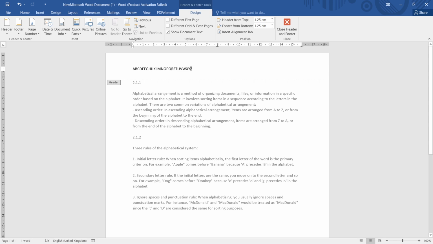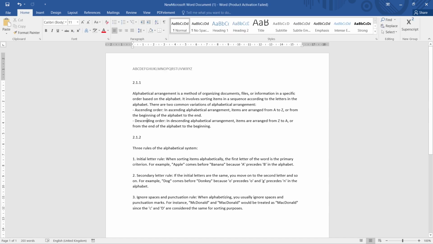Right, so for an example, if your list begins with a word that starts with M and ends with a word that starts with U, that means the word that starts with M will be the first on your list, and the one that starts with U will be at the bottom of your list. Then the second variation is known as the descending order.